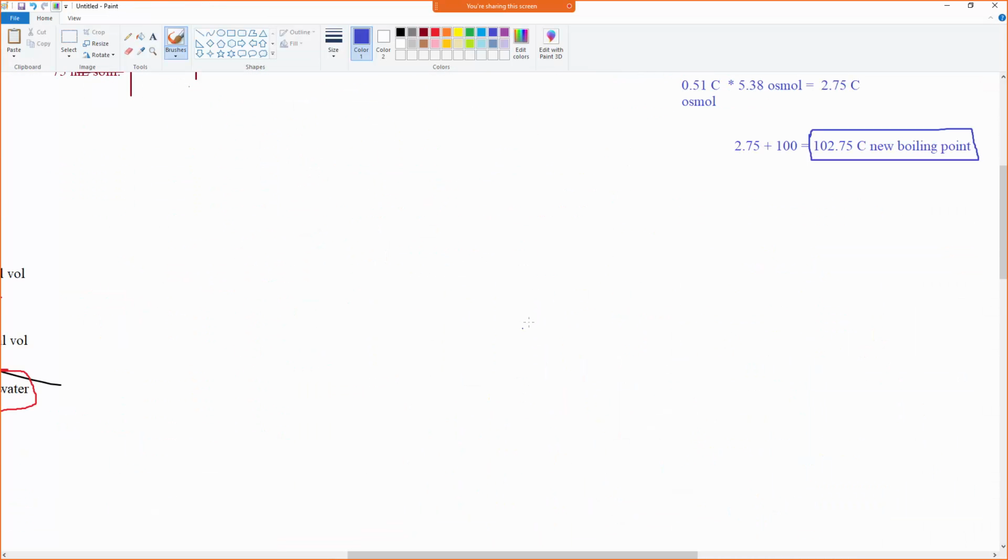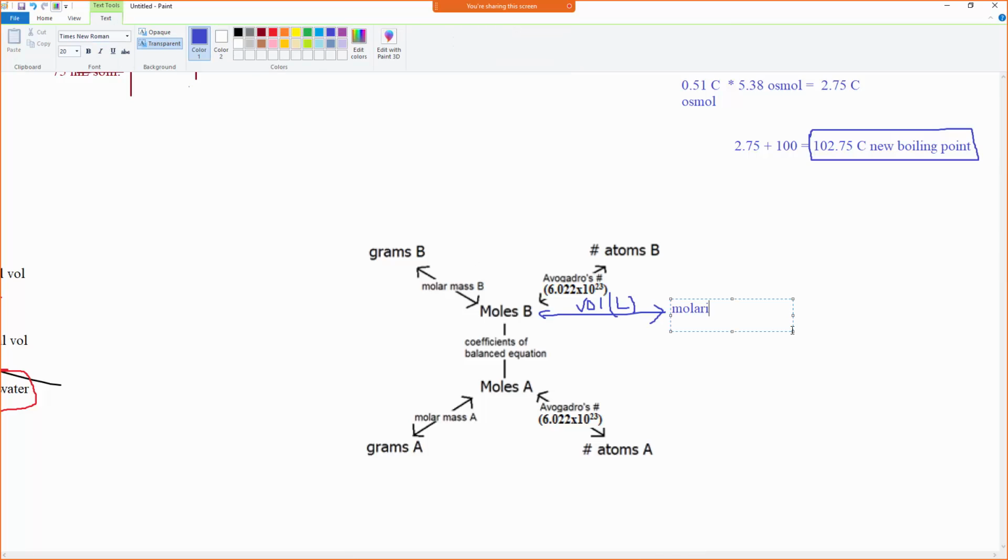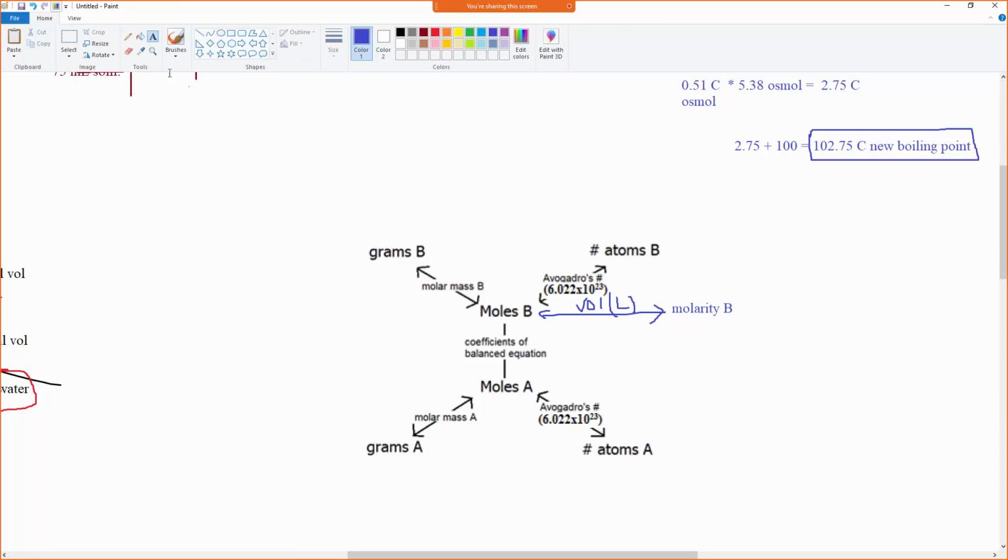And what I learned to do in this section on solutions is that if I have moles, I can take the volume in liters and find molarity, which is moles per liter, right? And I can do the same thing here. So we're going to go off-roading. But again, this is specific to solutions.